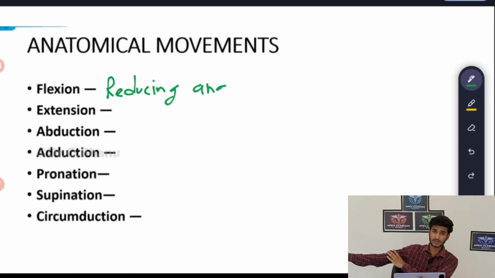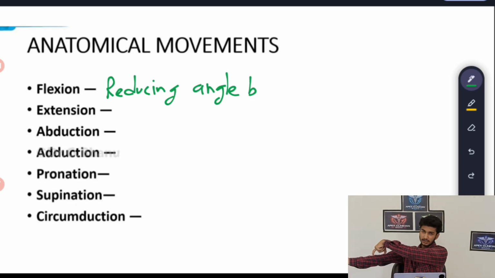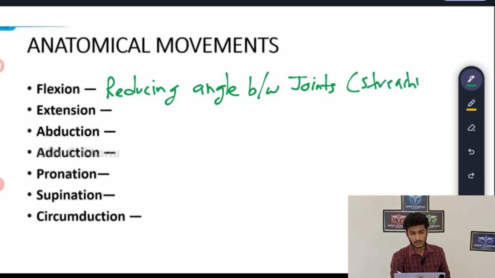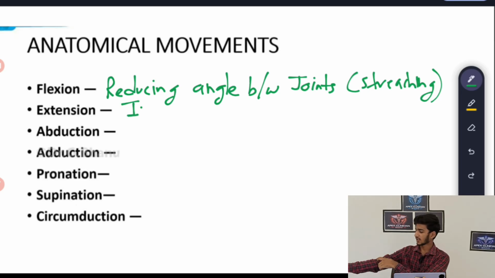Here you can appreciate, this is my arm. In my arm region, this is the angle which is present. Whenever I reduce this angle, it is called flexion. Flexion is basically decreasing the angle of the joint. And then there is another movement, extension.